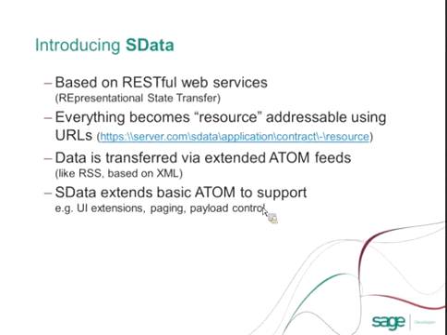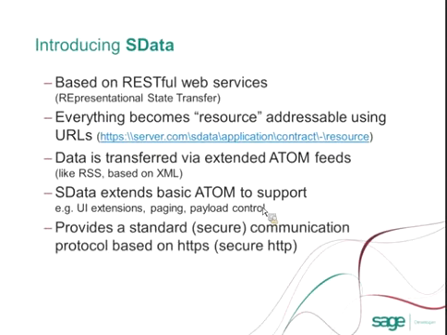What SData does is it takes Atom and it extends it to provide things that Sage require, such as user interface extensions, such as the ability to page information, and also to control what you want returned in the payload. And the payload is the data that is returned with the resource as part of the URL request.